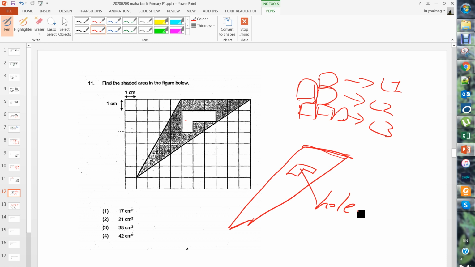The entire piece minus the hole will give you the shaded area. Repeat. To find the shaded area, you need to minus what minus what? The whole piece minus the hole.